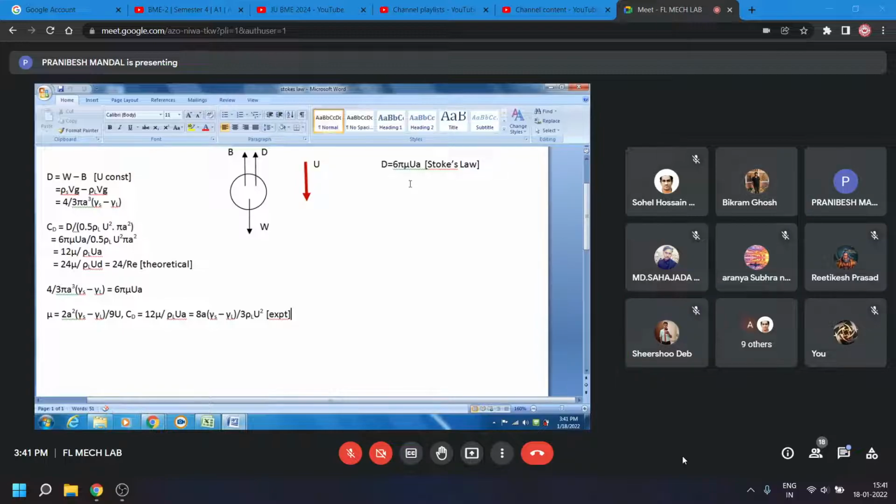So again, if I use the value of mu that is given in the chart, I mean, how are you going to get it? You can find it from the internet. What is this mu? And you can find out the Reynolds number and you can get CD, and that is purely theoretical, isn't it?